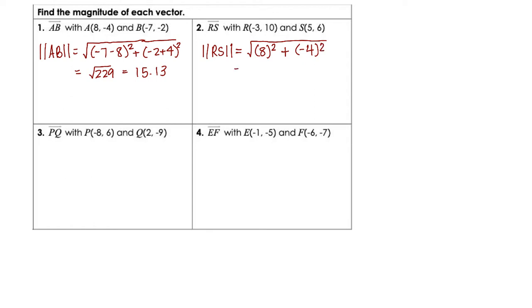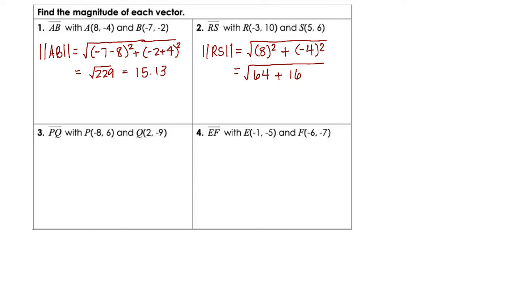And remember, when you're putting this in your calculator, that -4 all squared is going to be a positive 16. So you could really do this in your head. 8 squared is 64, plus 16. And then you could type that in the calculator.